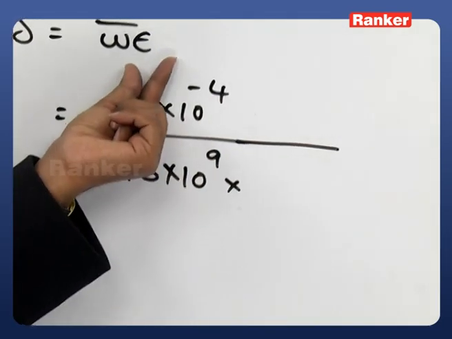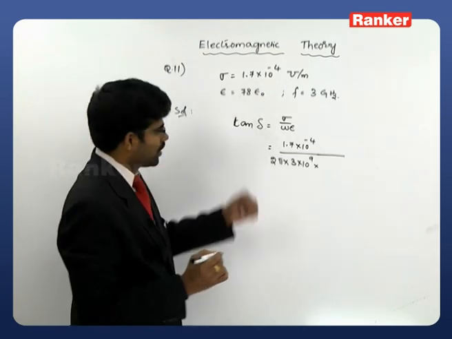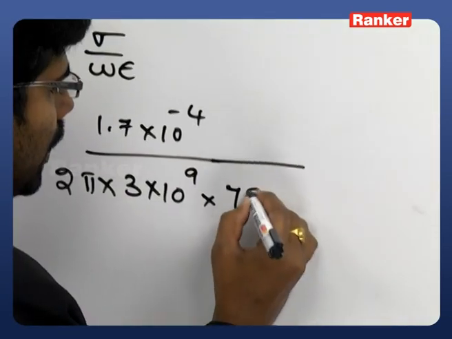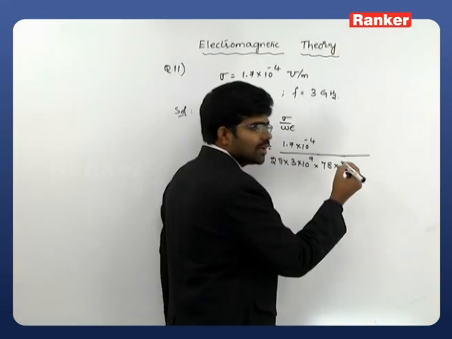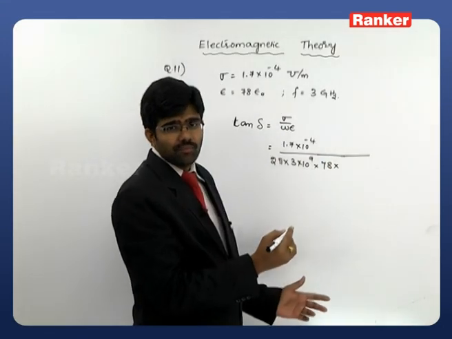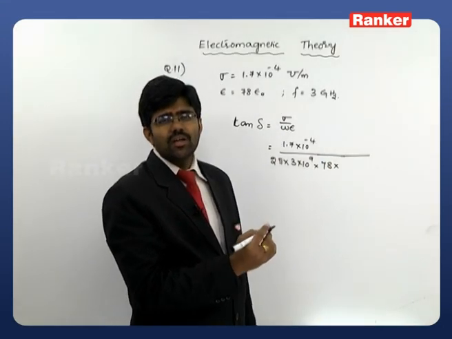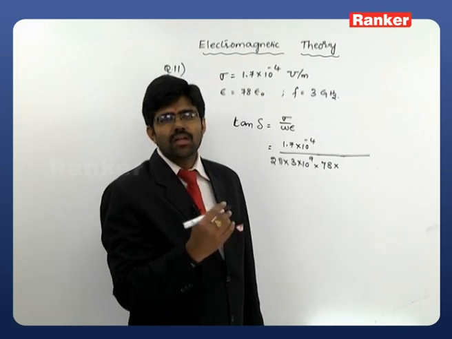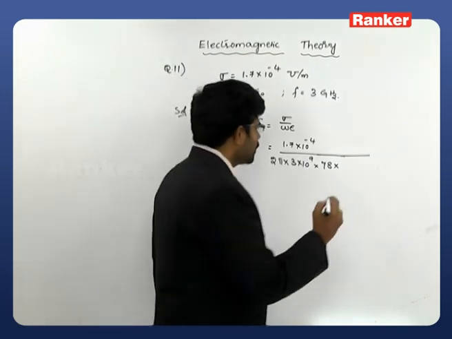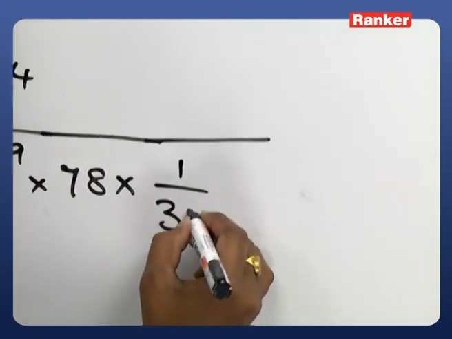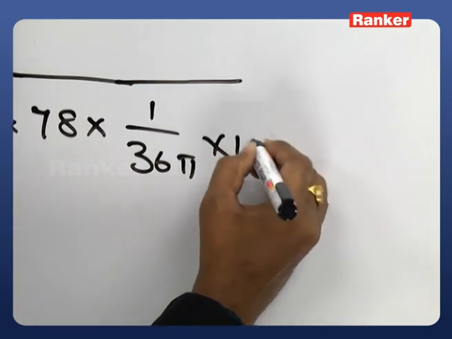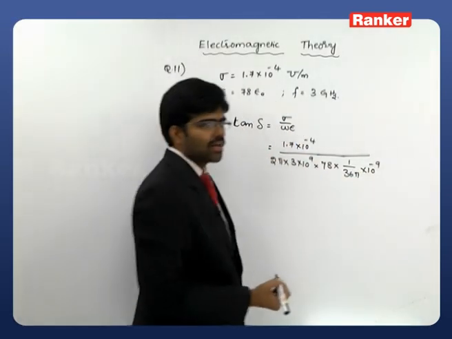Instead of epsilon, what do we write? 78 epsilon naught. Here I am taking the epsilon naught value in a different form. The actual form that we have is 8.854 into 10 power minus 12. Instead of that, we can take another one, that is 1 by 36 pi into 10 power minus 9.